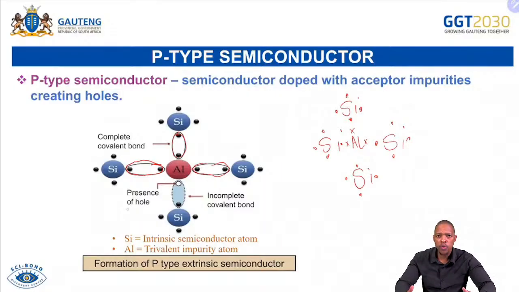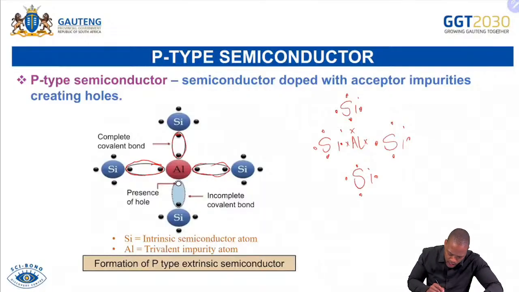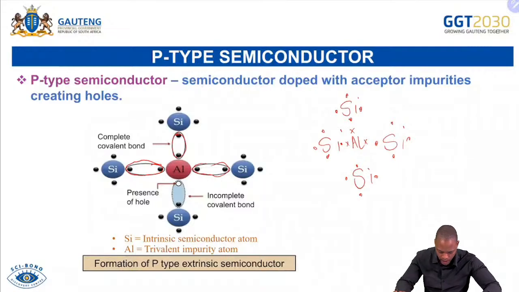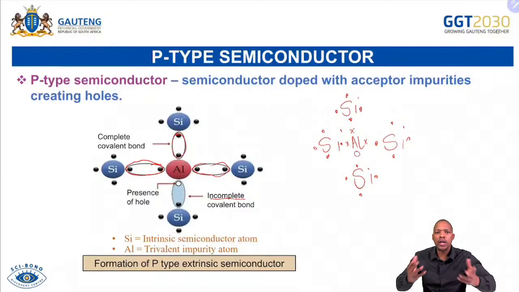If you remember when we were doing organic chemistry, for a covalent bond to be formed, 2 atoms need to share 2 electrons. Now here, it is incomplete because this electron is not there. Remember, aluminium only brought 3 electrons. So we end up having a hole here, a space that aluminium is bringing.